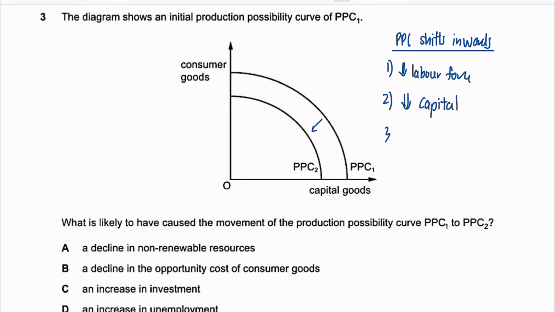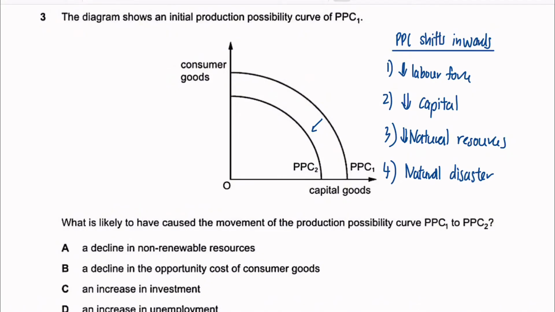And the third one is natural resources depletion. So a reduction in natural resources like oil, minerals run out. And the last one is natural disaster, like an earthquake that will disrupt your infrastructure.